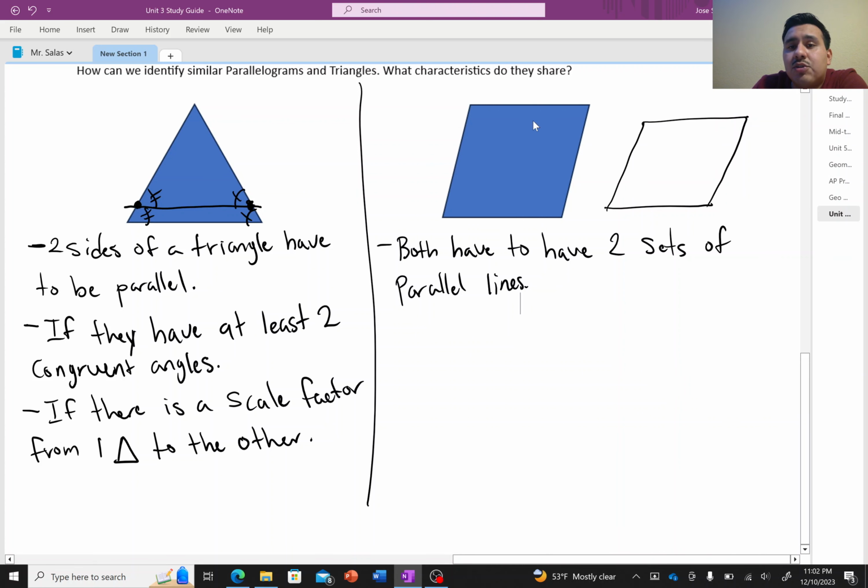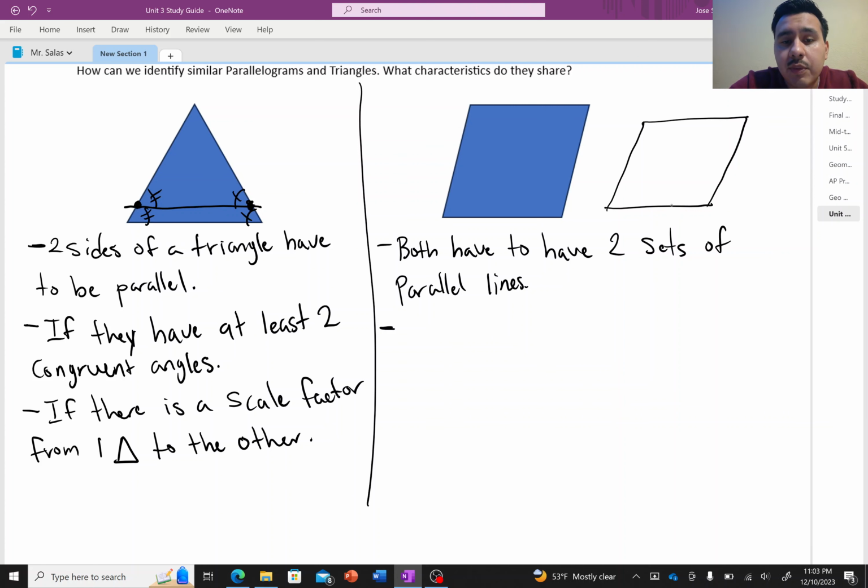So that means this blue rhombus or parallelogram does indeed have two sets of parallel lines. So this is a parallelogram. Does this other parallelogram have two sets of parallel lines? Yes, it does. This line is parallel to this line, and this line is parallel to this line. Because they both have two sets of parallel lines, they are considered to be similar, okay?